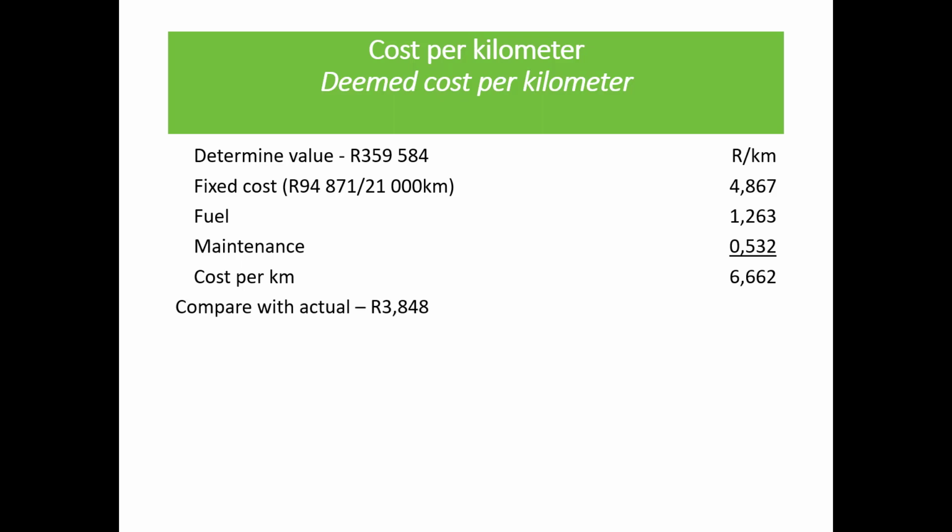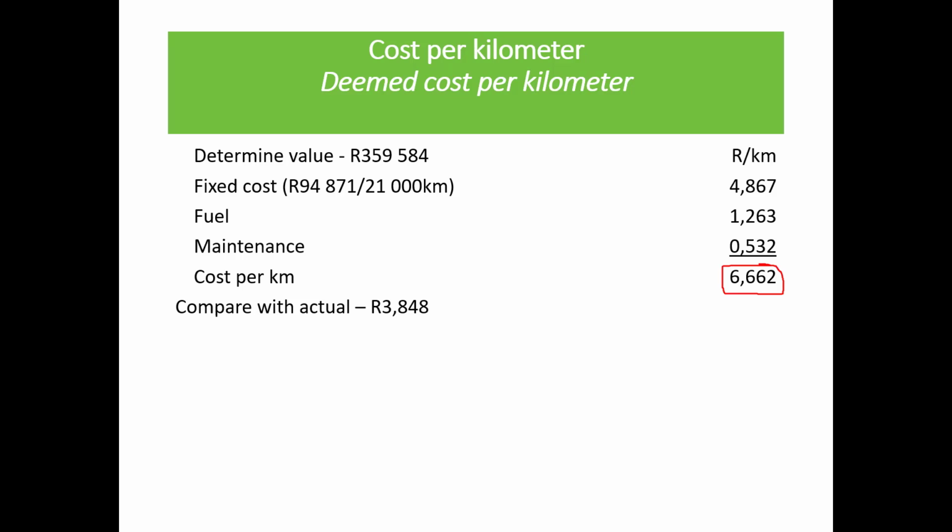If we compare that to the actual, or the cost per kilometer using actual costs, that is that 3 rand and 85 cents, we see that cost per kilometer using deemed costs then is the higher rate per kilometer. So this is the rate that will give the taxpayer the biggest tax benefit, because it means they will get a bigger deduction and therefore they will include less in taxable income.